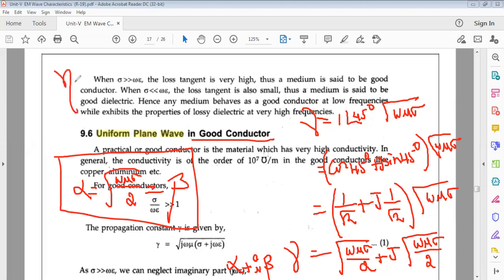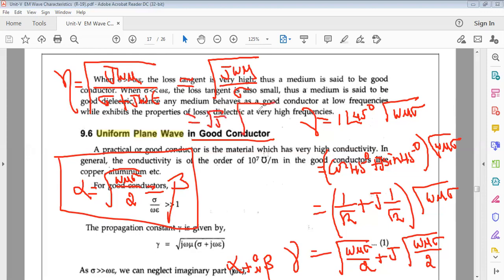And similarly, the intrinsic impedance eta. What is eta equal to? Under root of j omega mu by sigma plus j omega epsilon. What we are saying is the conductivity is very much greater than the dielectric term, so we are neglecting the j omega epsilon here. Approximately equal to under root of j omega mu by sigma. Again, you can write this as under root of j times under root of omega mu by sigma.